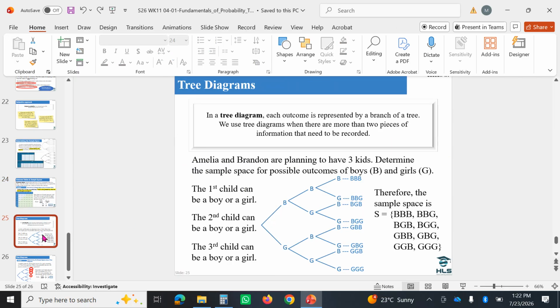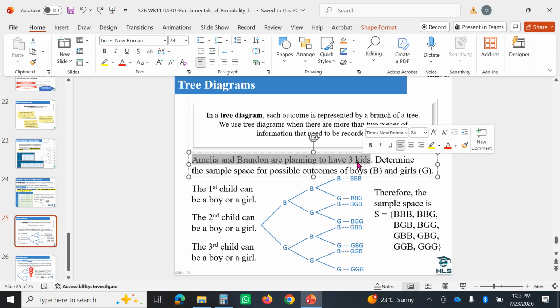So in a tree diagram, each outcome is represented by a branch of the tree. We use tree diagrams when there are more than 2 pieces of information that need to be recorded. In this example, I don't think we're asking any questions at this point, we're just setting this all up. Amelia and Brandon are planning to have 3 kids.